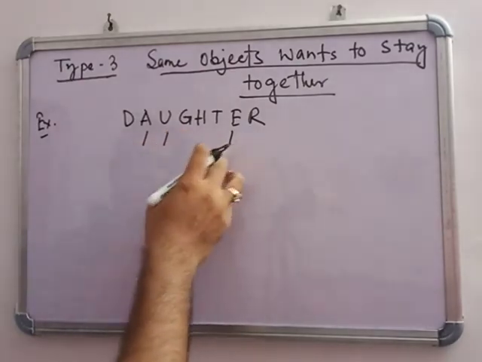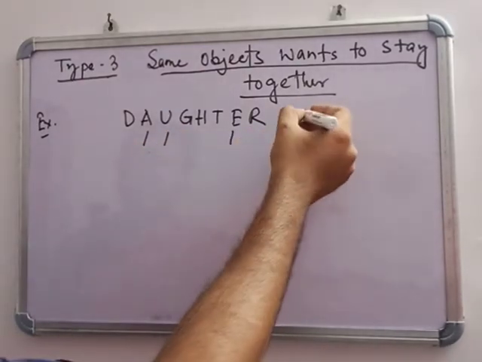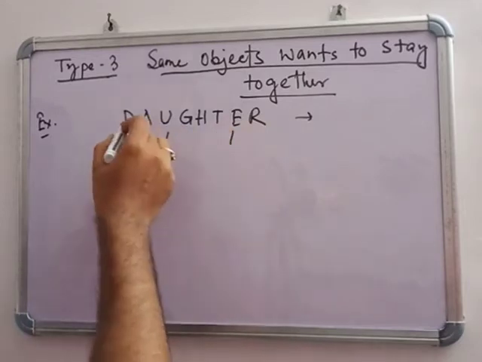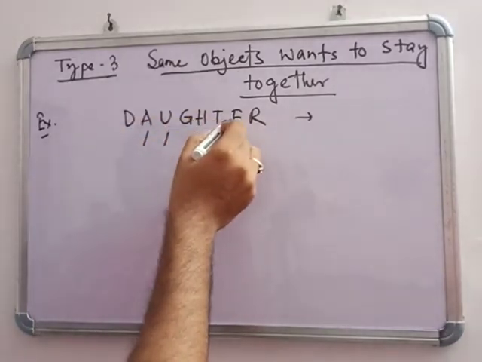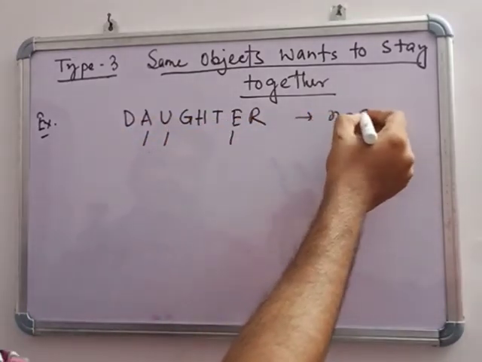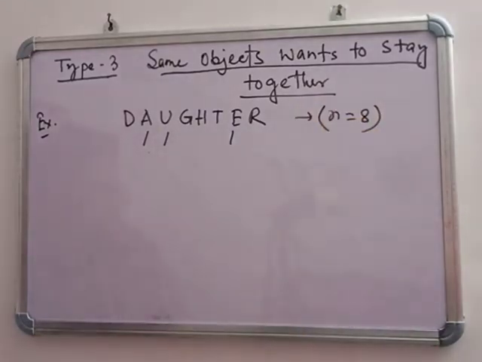If all vowels occur together, how many letters are there? 1, 2, 3, 4, 5, 6, 7, 8. So 8 letters are there, that means n equals 8 here.